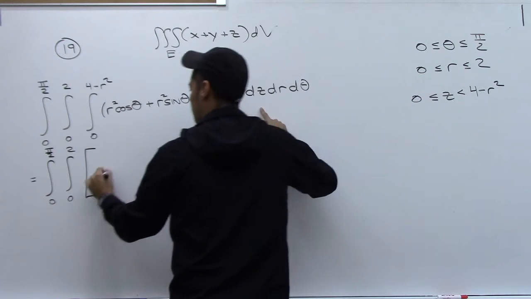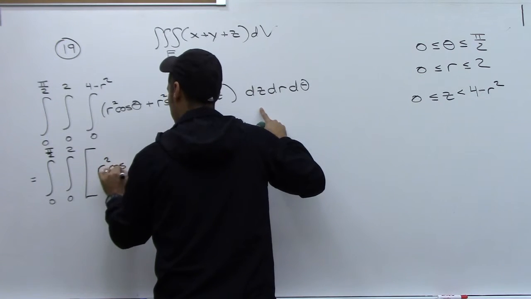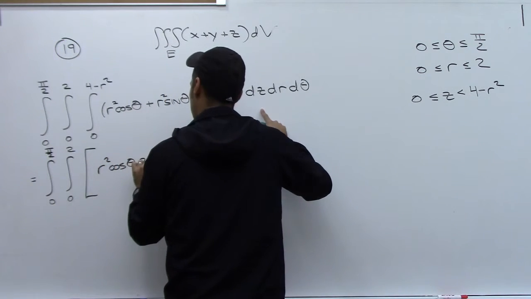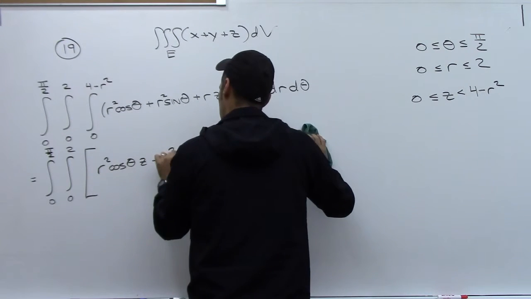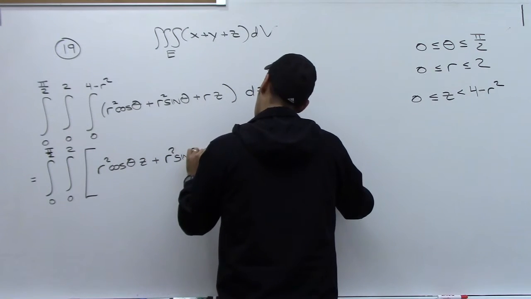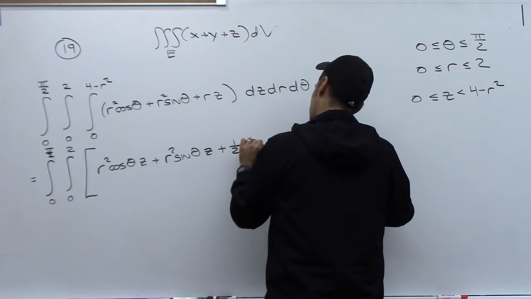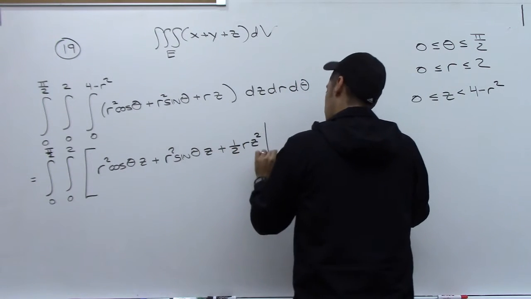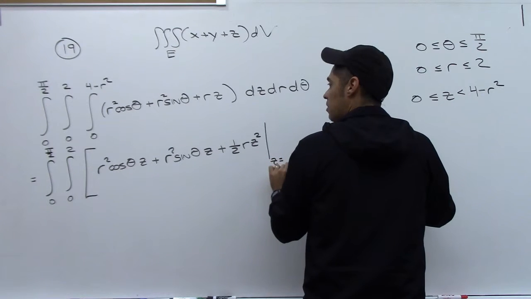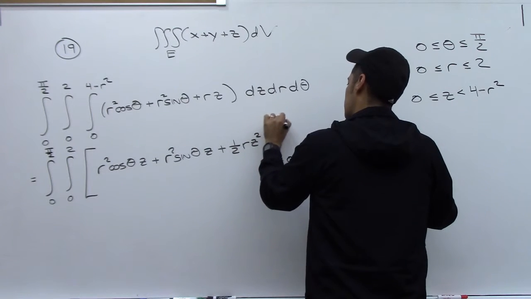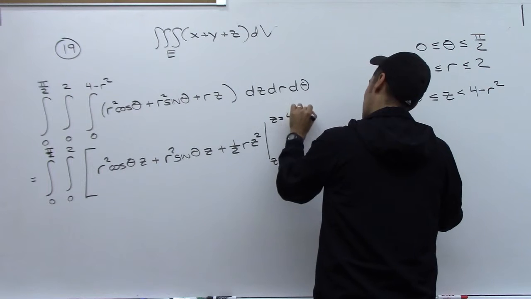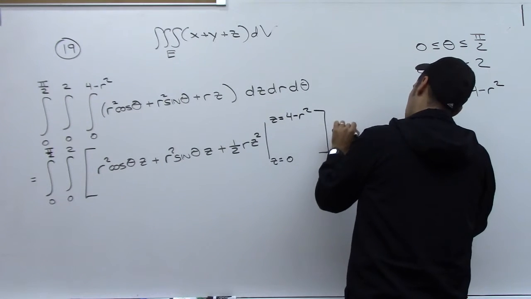The antiderivative with respect to z is r squared cosine theta z plus r squared sine theta z, plus 1/2 r z squared, evaluated from z equals 0 to z equals 4 minus r squared, dr d theta.